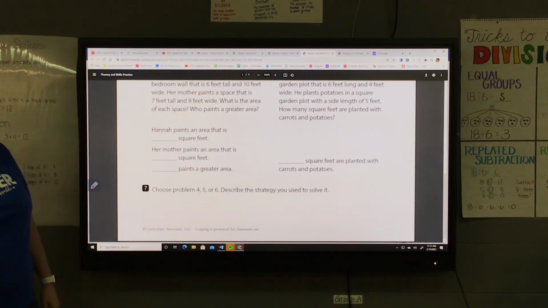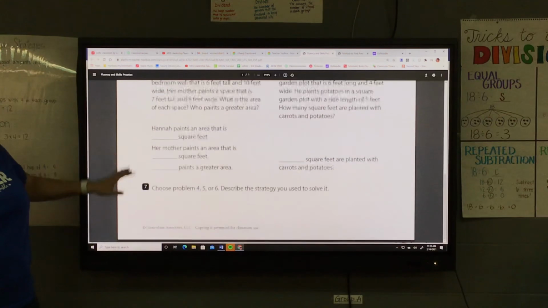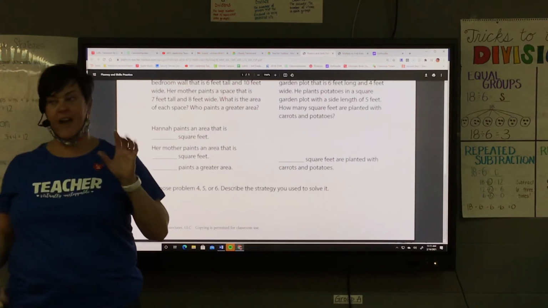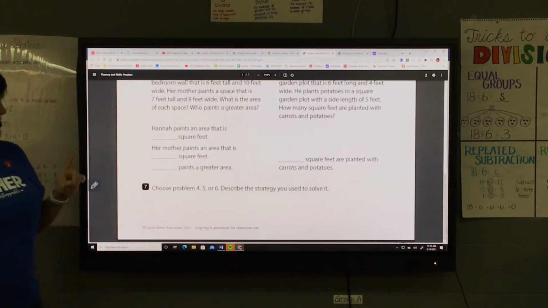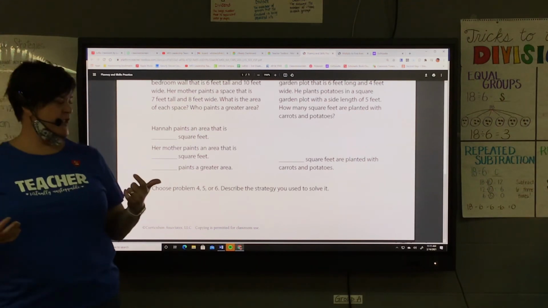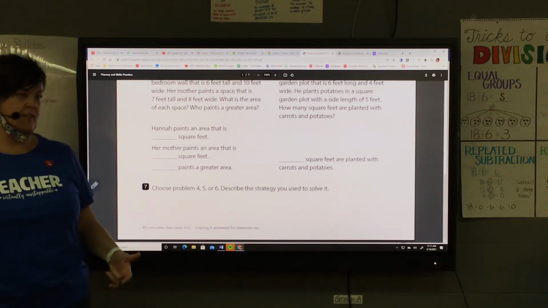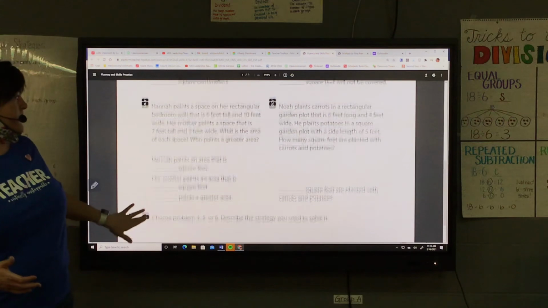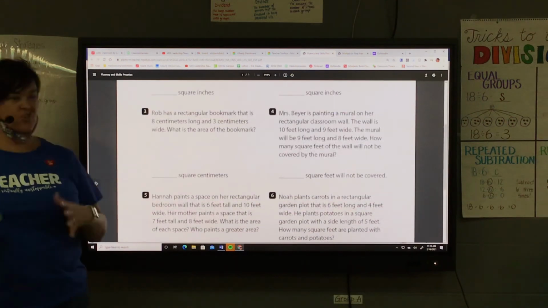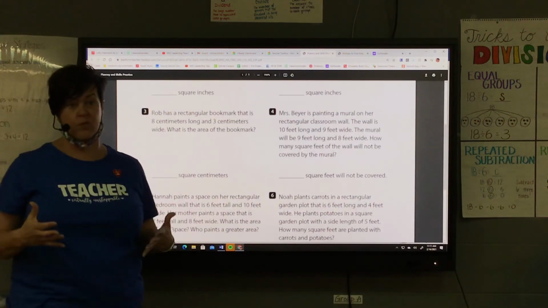Look at problem 7. It says, choose problem 4, 5, or 6, and describe the strategy you used to solve it. So maybe you had to draw it out to help you.